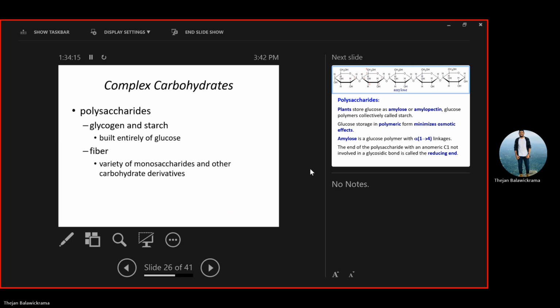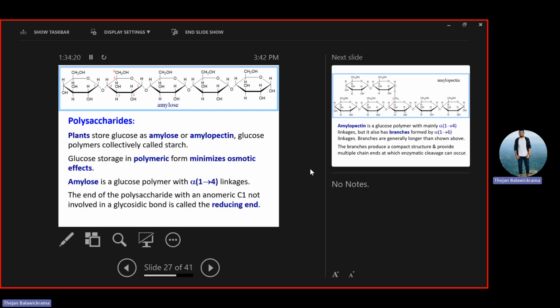Look at that chain right on top. That is amylose, a very long chain. In this case, there are 5 building blocks. Amylose, a complex carbohydrate.